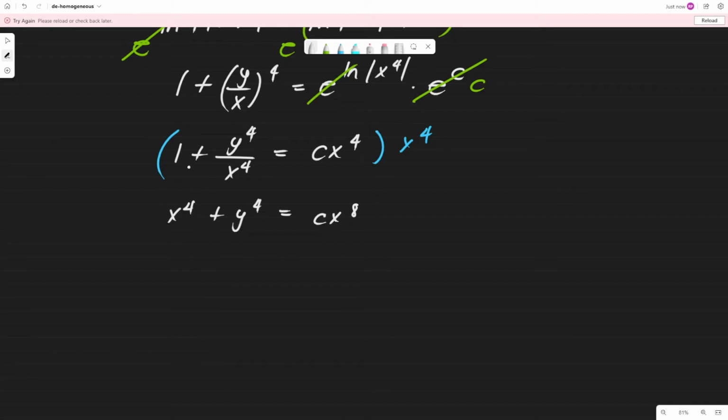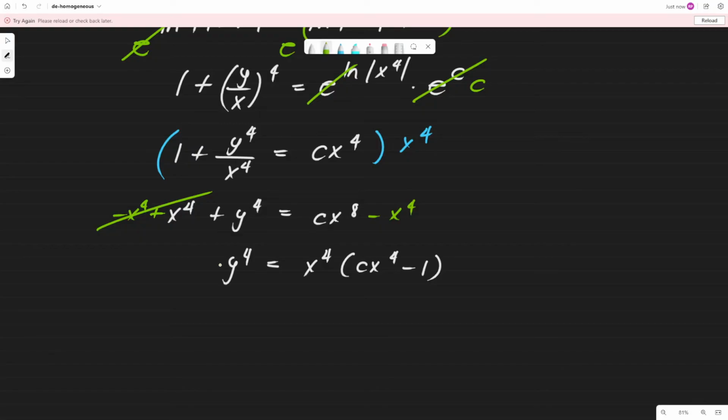Then we will transpose minus x to the fourth. Since x to the fourth is common, we can factor it out. So we will have y to the fourth is equal to x to the fourth multiplied by cx raised to 4 minus 1.